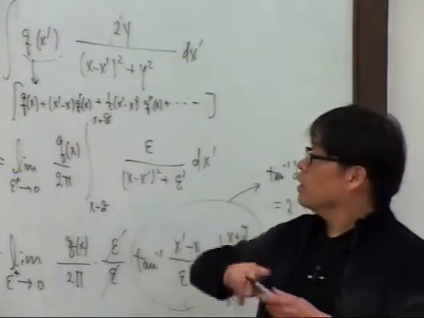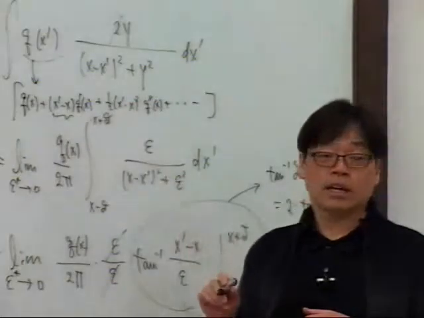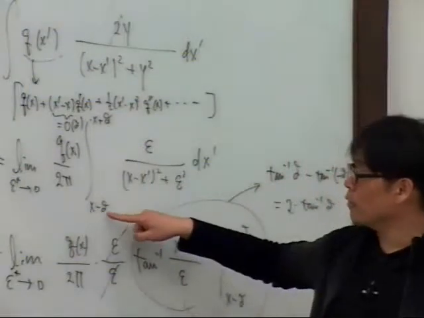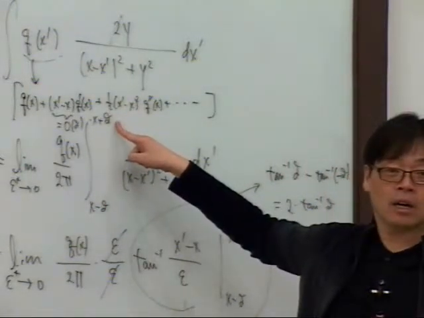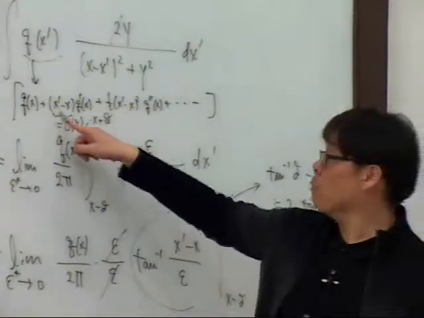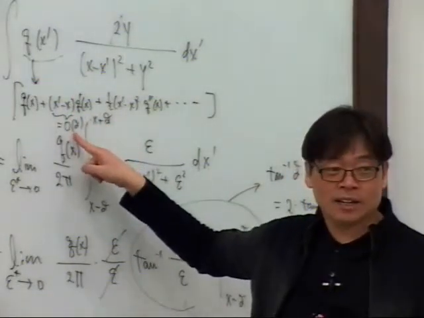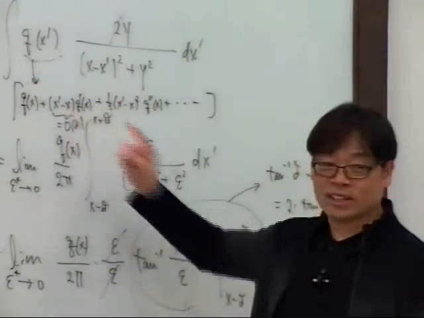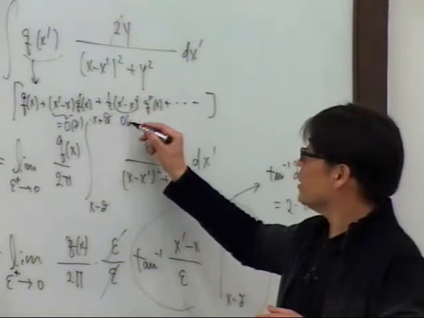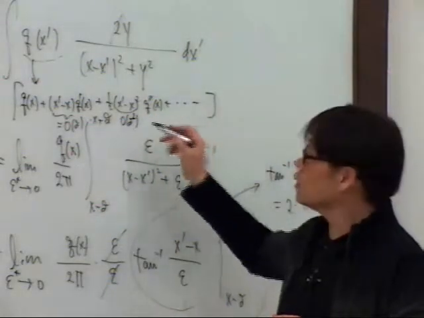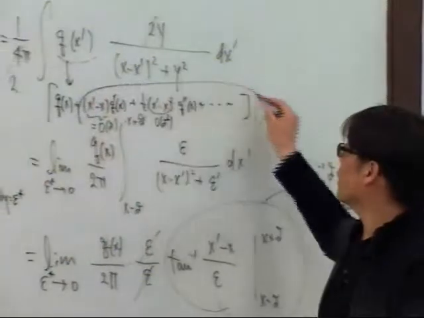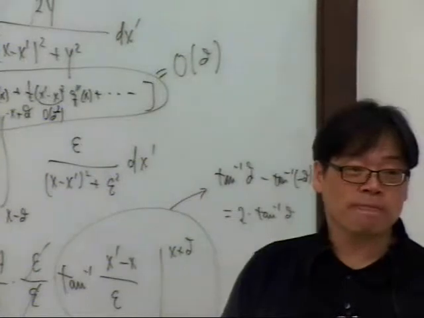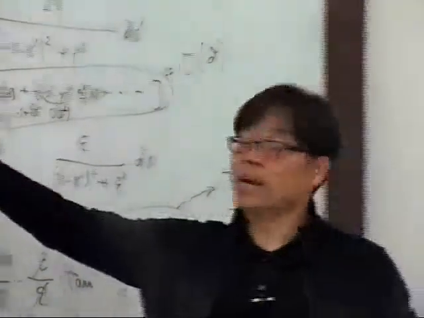So this guy is of order delta because x prime changes from here to here. At most, this is of order delta, and I can make it as small as I wish. Then this is order delta, this is order delta squared, and so on. So these guys are of order delta or smaller. Then I pull it out.